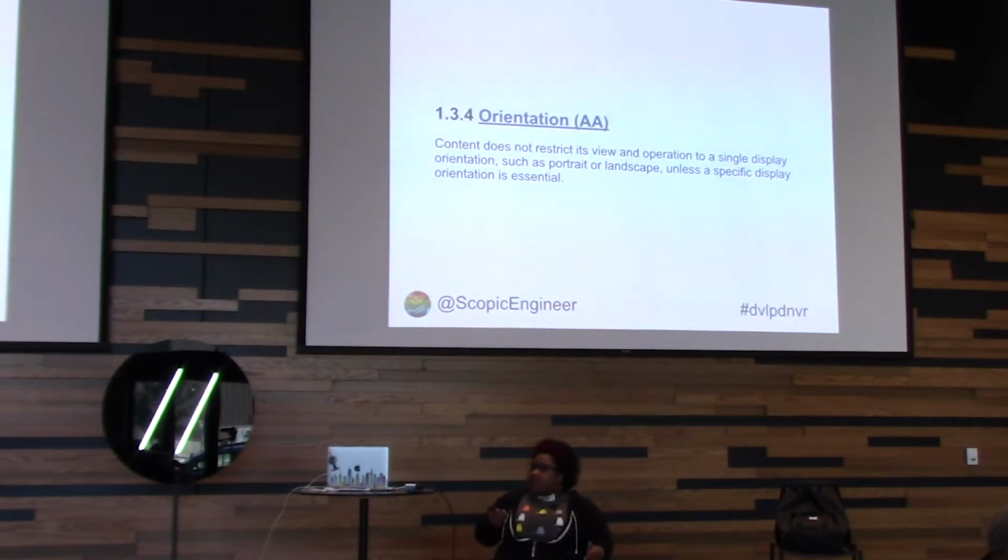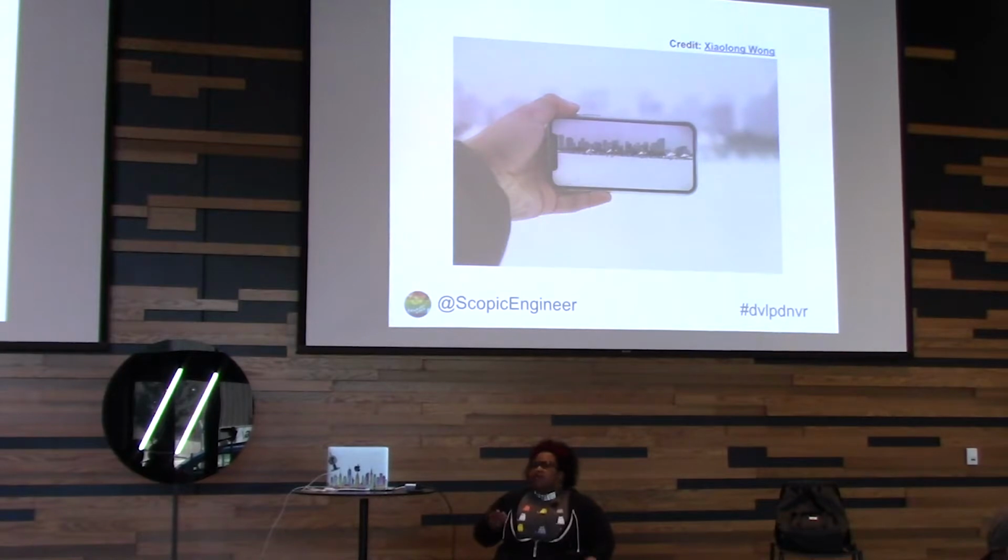And I think we kind of know what that means: if you have an application, you don't want to force your users to only use it in landscape or portrait. You should allow the users, unless it's essential to that app's operation.